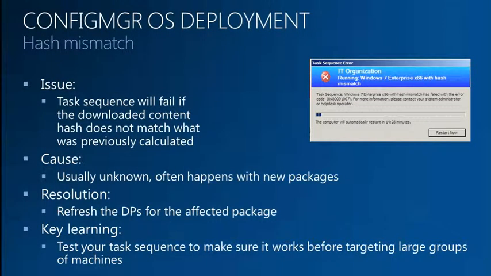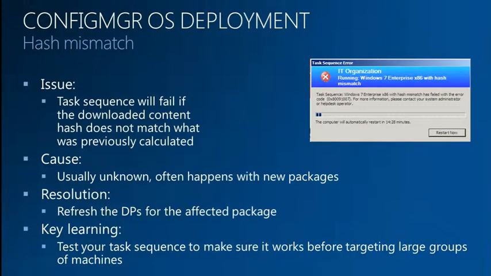Usually it's because somebody at a site just does it. Sometimes it just gets a hash mismatch. There's no real explanation. But sometimes people will edit files at the site, or they try and play with something. And so when it goes to deploy, it checks the files, and if the hash doesn't match, it's not going to deploy. And it will fall over right at the beginning. If you were manually selecting your task sequence, you'd select it, and then it would fall over as it checks all the hashes.